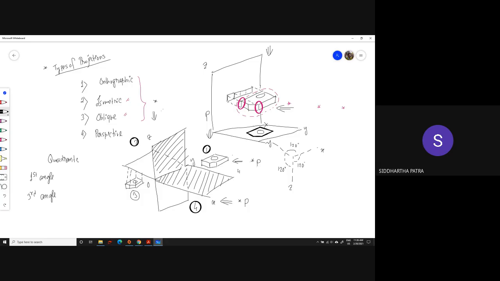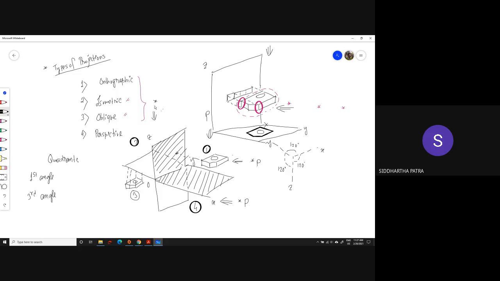In the first angle projection, let's say I'm looking from P over here. This point would be projected on the screen, and so would the other points, and eventually a projection would be drawn on a screen which is further away from the observer. But in the third angle projection, the screen is between the object and the observer.